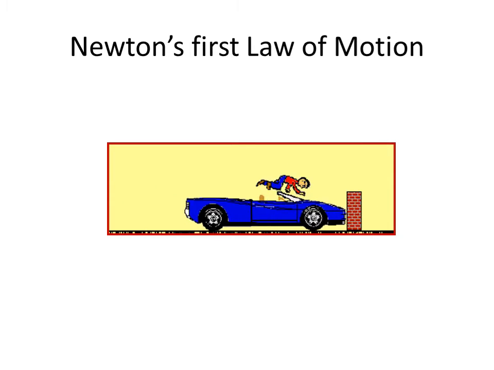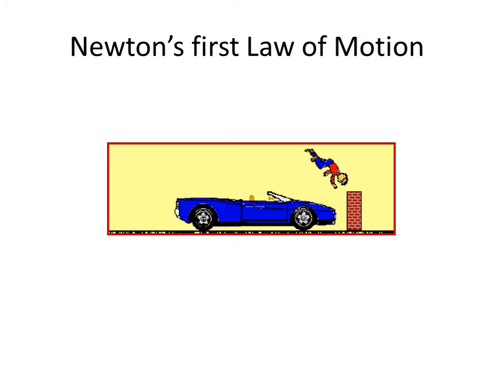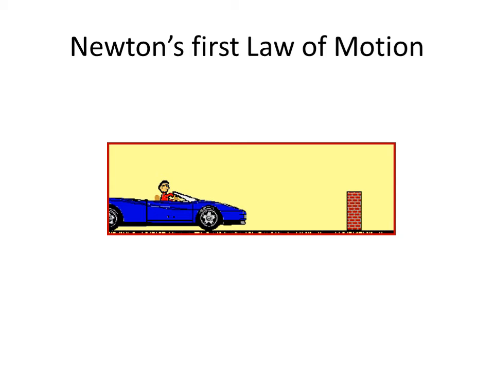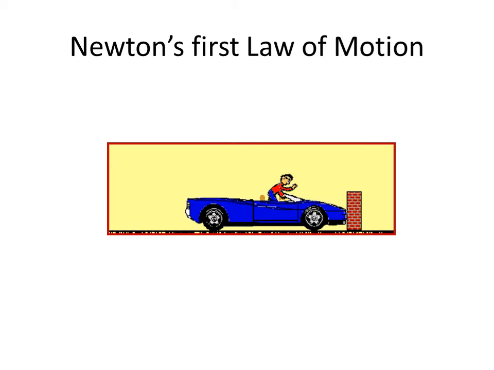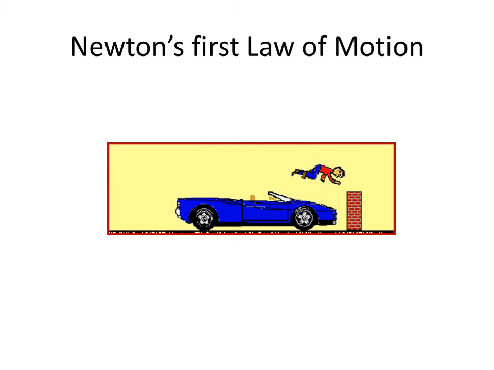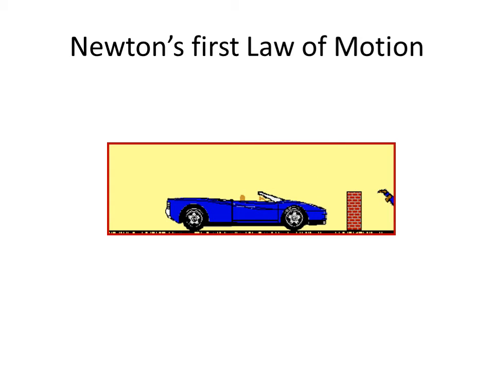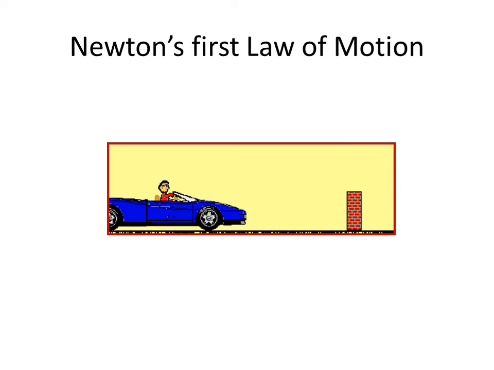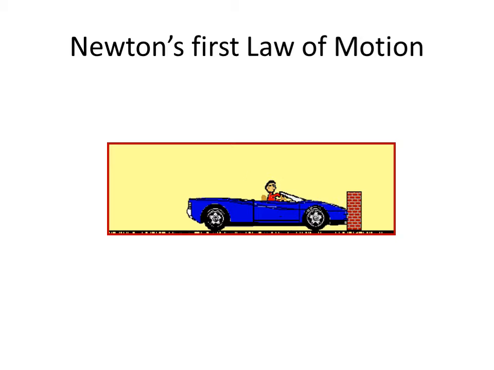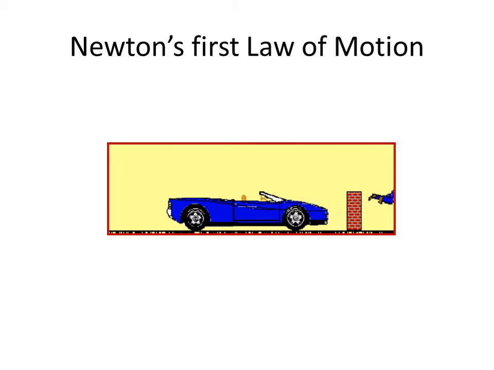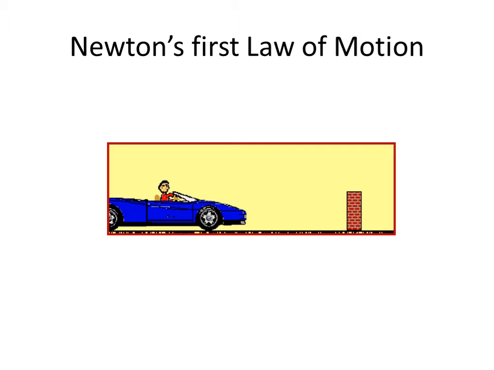So the car was moving, it hit a wall, so the car stopped, but the man could fly over to the front. How can we apply this to Newton's first law of motion? The man and the car were moving at the same velocity, 20 kilometers per hour.